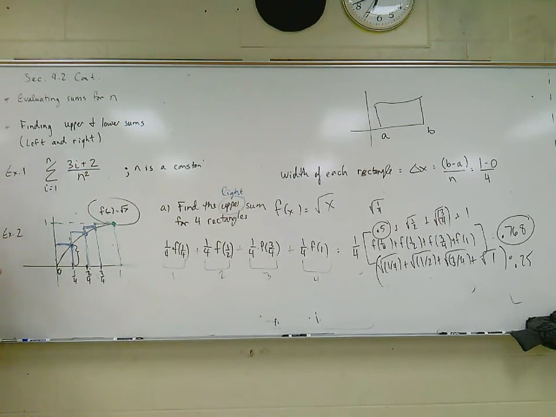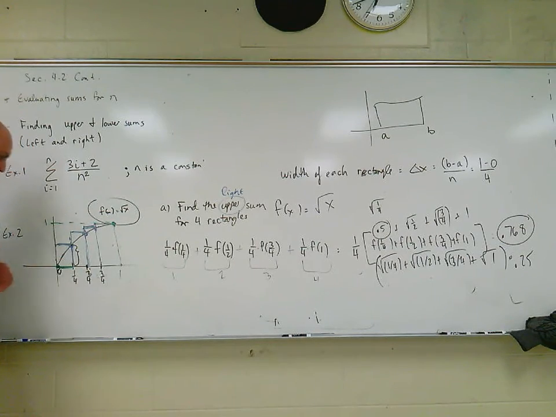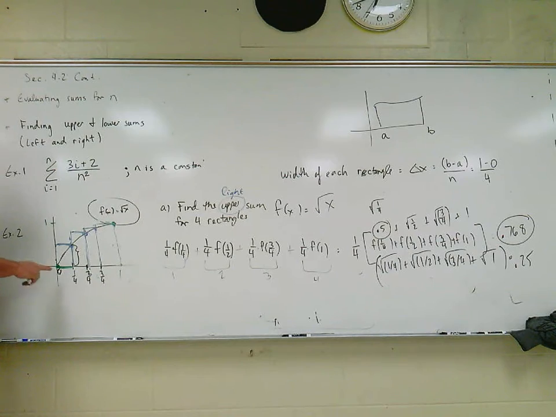Next. What are we gonna do now? What do you think? Left sum, which is now gonna be a lower sum. So we're gonna do left, so look at the green rectangle. Look at the first one. What do you notice about my rectangle? If I do the left corner, it touches the curve. That one's gonna be 0.